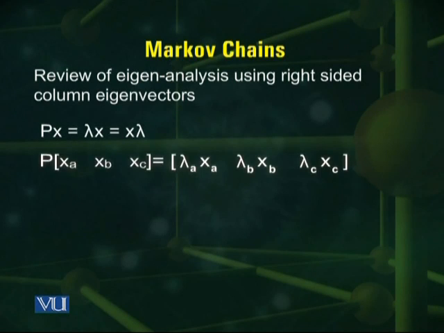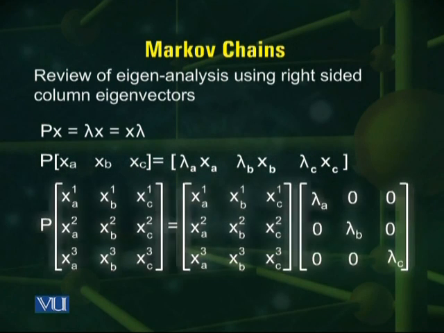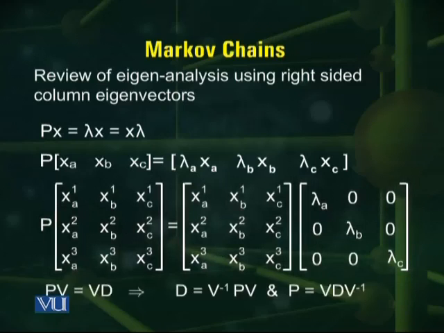The next line shows that if you have XA, XB and XC as 3 column vectors being 3 eigenvectors, then you can put these 3 column vectors side by side and you will get a square 3 by 3 matrix. This matrix is shown in expanded form on the line below.